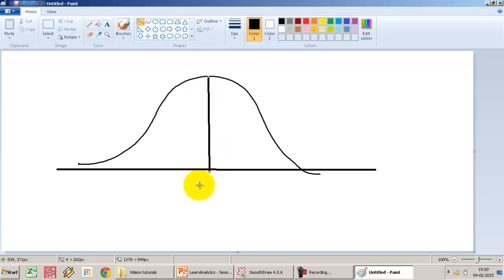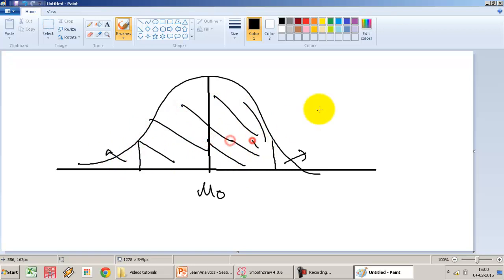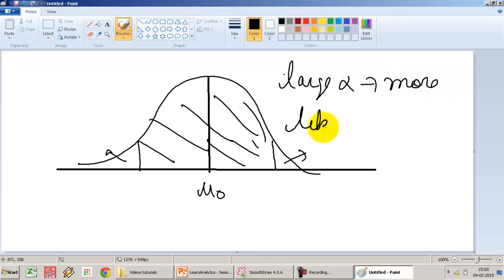So this is my null hypothesis, the hypothesized mean. When I have a high alpha, that means my rejection region is large. I have larger rejection regions, and this is my acceptance region. So with large alphas, I am more likely to reject.